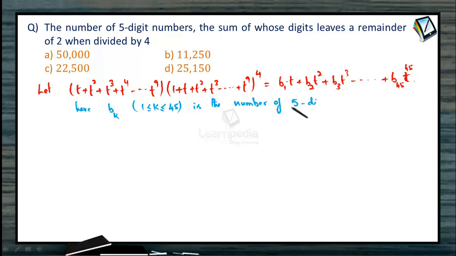Then bk is the total number of 5-digit numbers whose sum of digits is k, where k runs from 1 to 45.